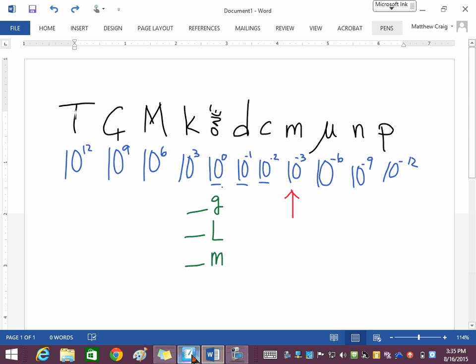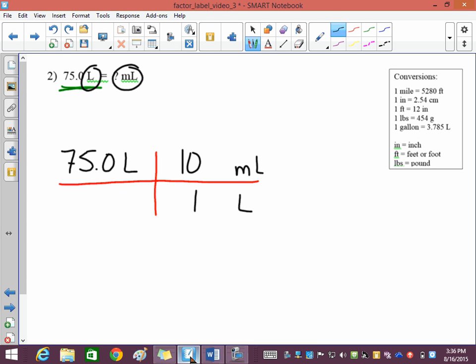Going from liter to milli is a process of moving 3 times. So it's 10 to the 3, or 1,000. So in this case, we would get 75,000, or in scientific notation, 7.5 times 10 to the 4, my bad, milliliters.